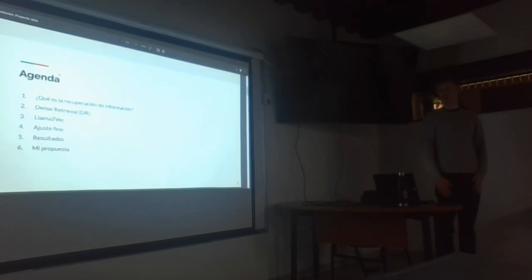The agenda is: first, a quick introduction to what information retrieval is; then what dense retrieval is; thirdly, I want to show you an article that I want to use in my thesis and explain what they did in it. The fourth part is how to train a language model for the information retrieval task.